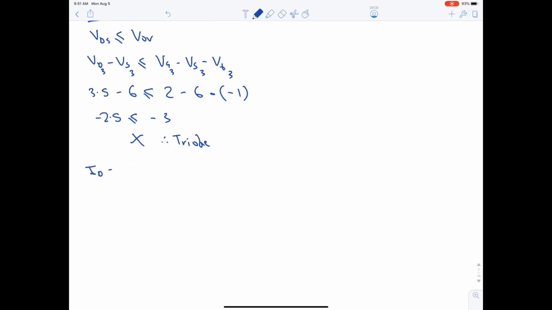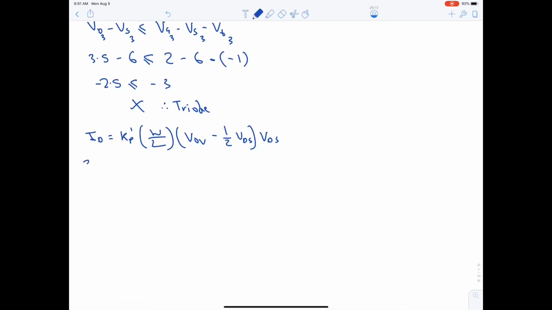Let's find W now. ID is equal to Kp prime W over L, VOV minus half VDS, multiplied by VDS. ID is 360 micro. Kp prime is 120 micro. W is unknown. L is 1 micro. We're finding W3, right?